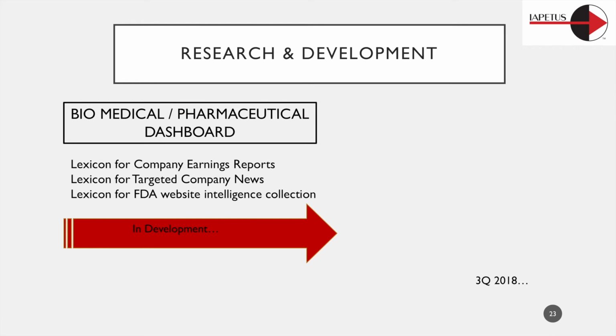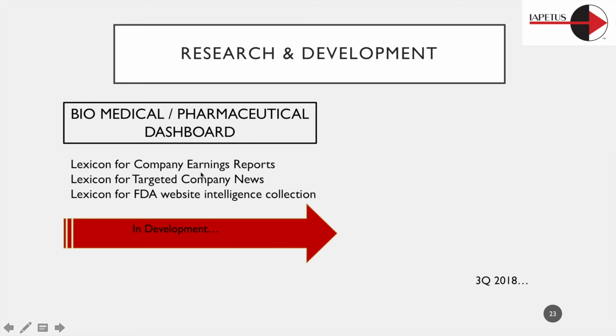R&D. So this is what we're working on in development right now. Our first dashboard is going to be a biomedical pharmaceutical dashboard, and it's going to be far more complex than the news index that we're currently running. It's going to have multiple lexicon libraries.